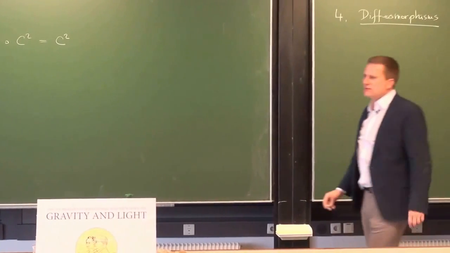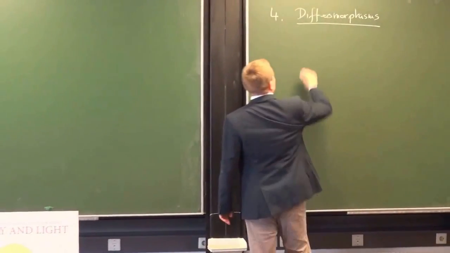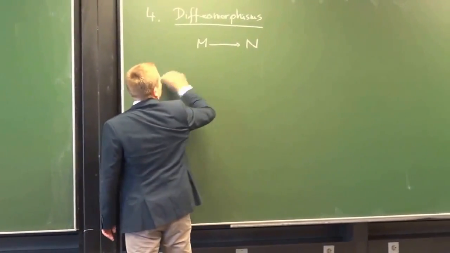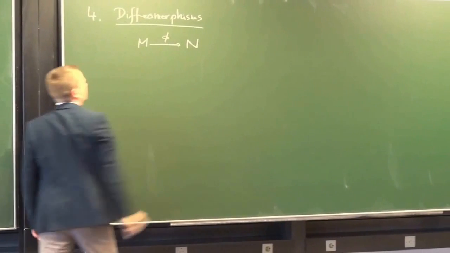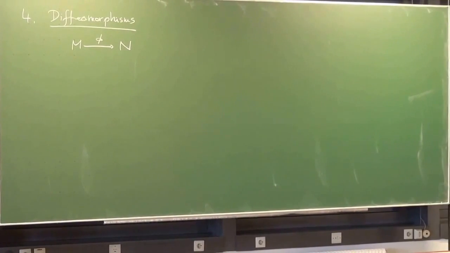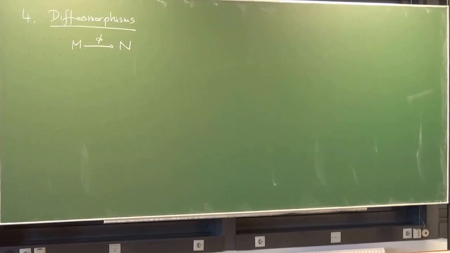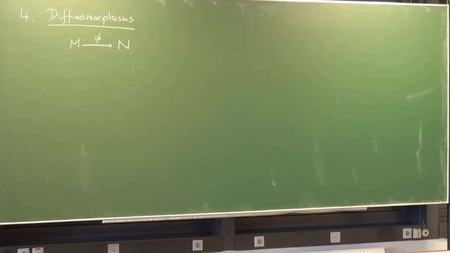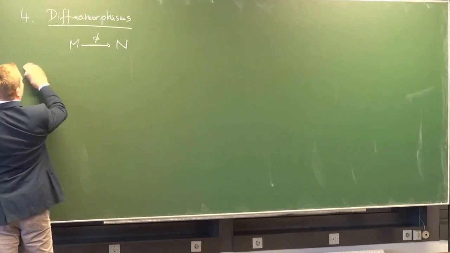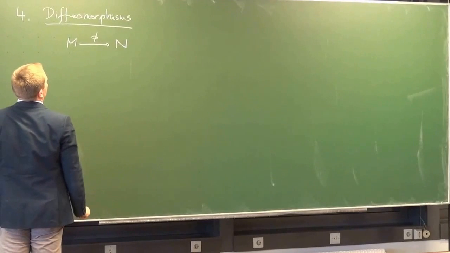So I already mentioned that whenever you have maps from one set to another set, and it's just some map, let's call it capital Phi, if you have no further structure to the set, you can study sets by studying maps between them, and that's just maps. They have no further structure, and what you usually require is that the map is invertible.